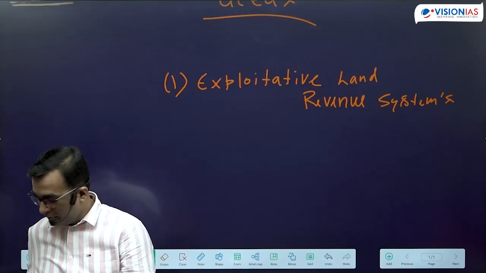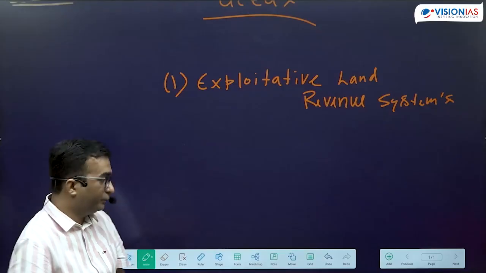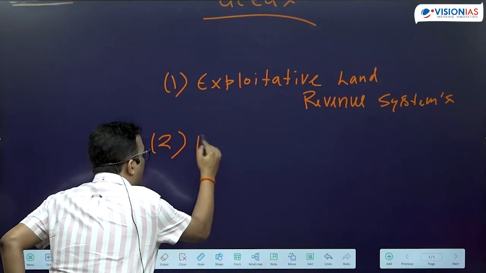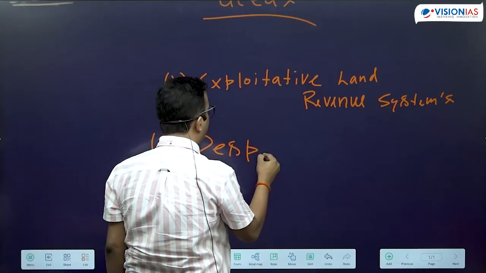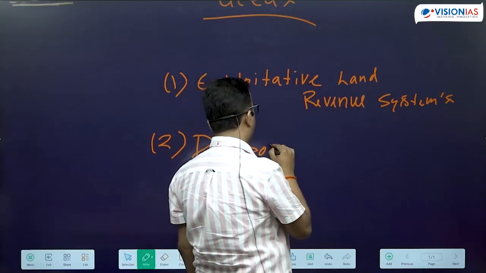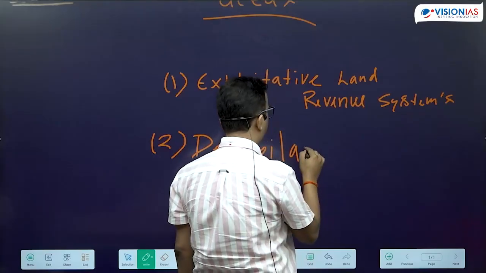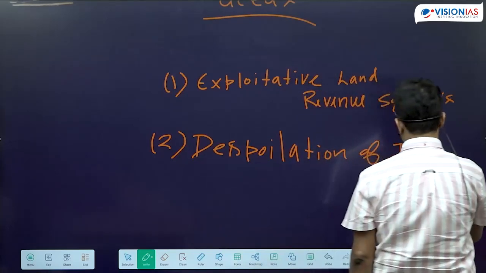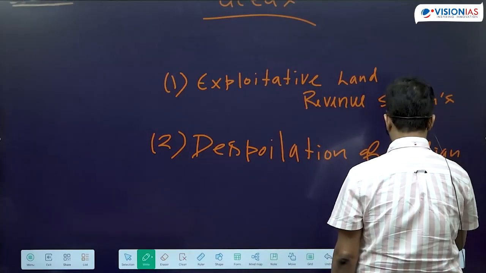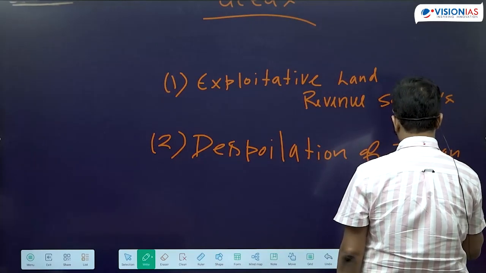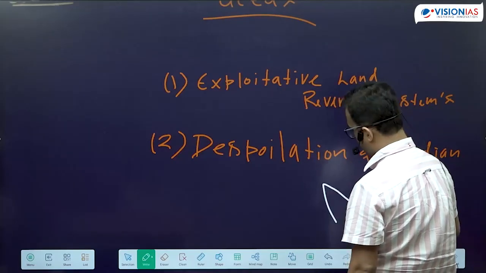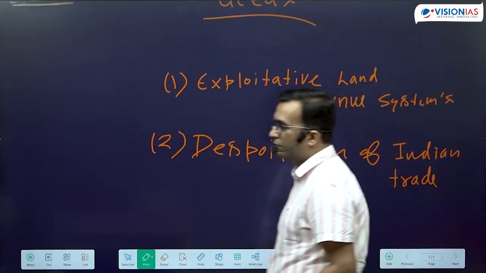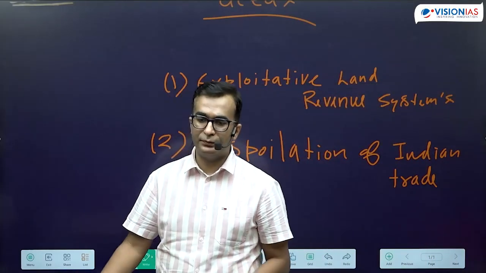Then the second, number 2 you write, despoliation of Indian trade. So mention in this one, despoliation of Indian trade.